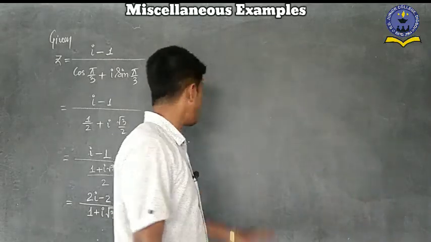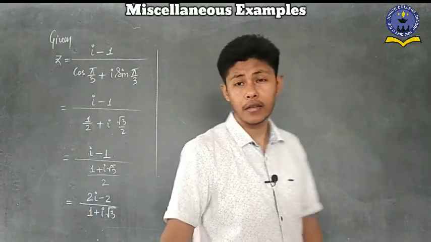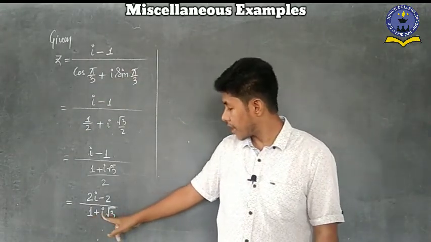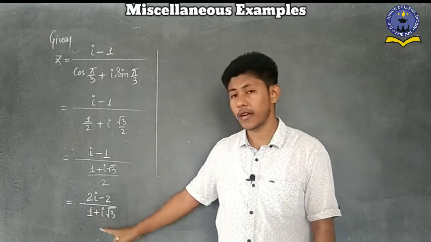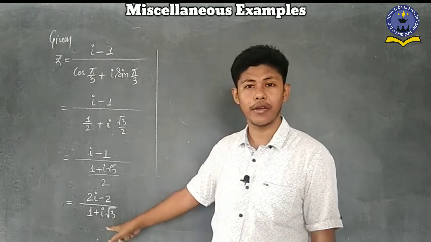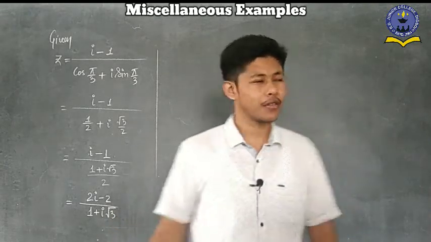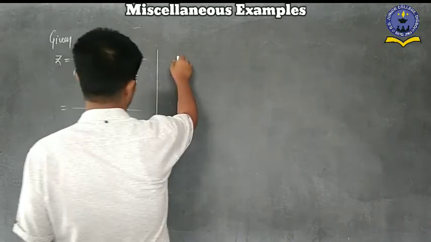After writing this, now if you see 1 plus i root 3, this is a complex number. If it is a complex number, then we have to multiply it by its conjugate.